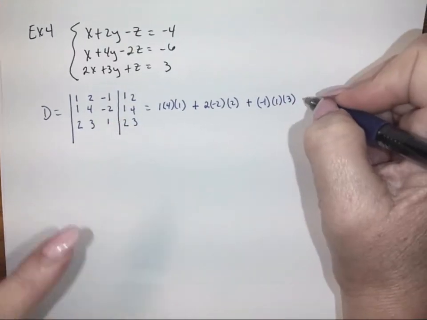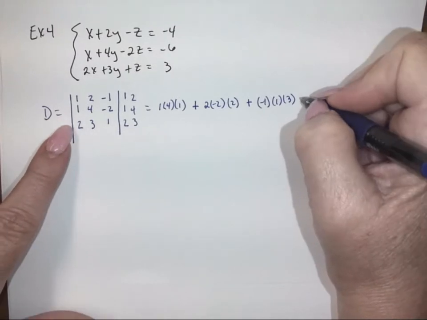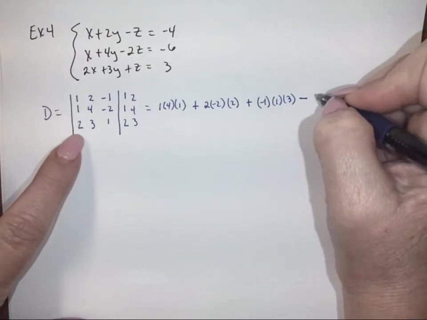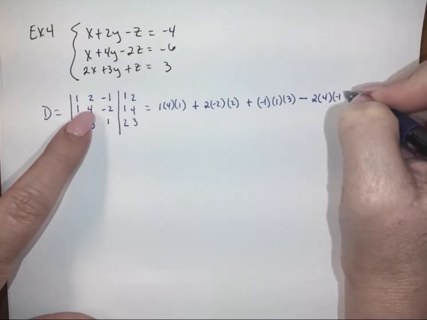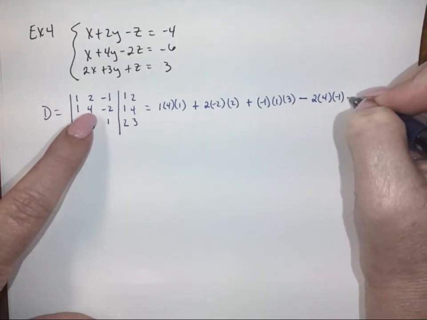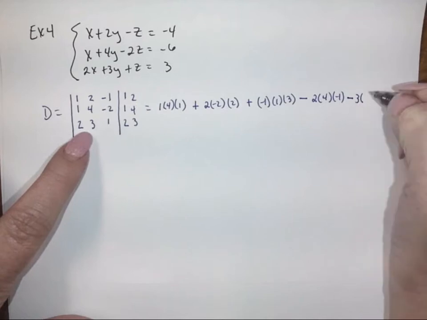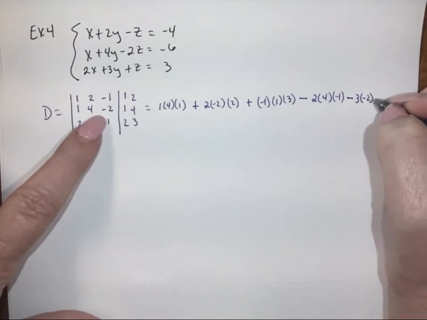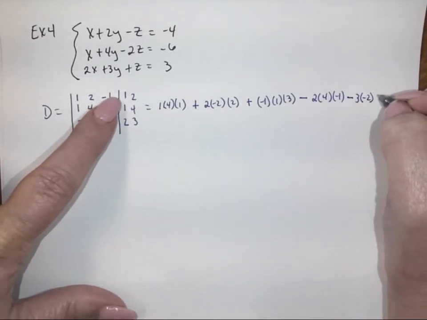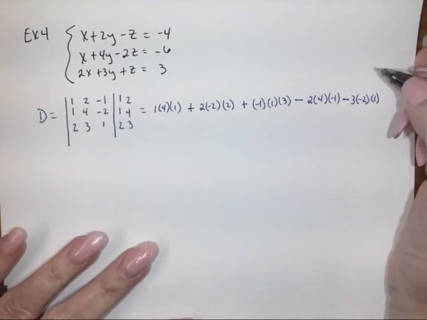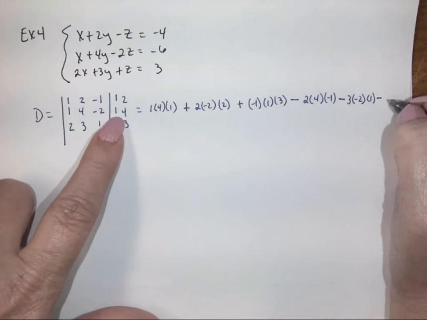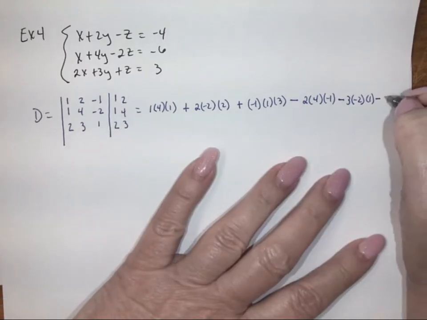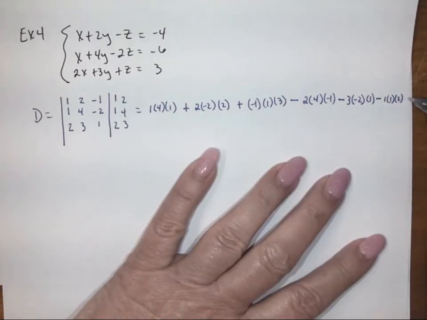And then the next ones will get subtracted. So minus 2 times 4 times negative 1 minus 3 times negative 2 times 1 minus 1 times 1 times 2.